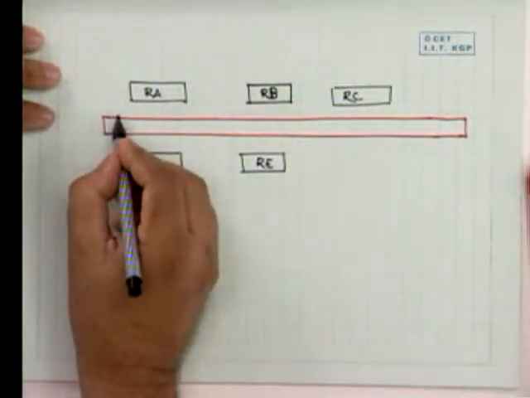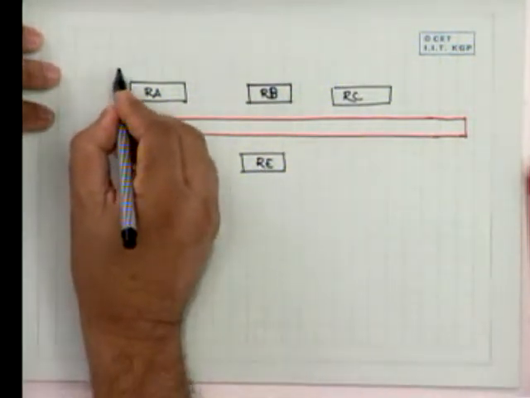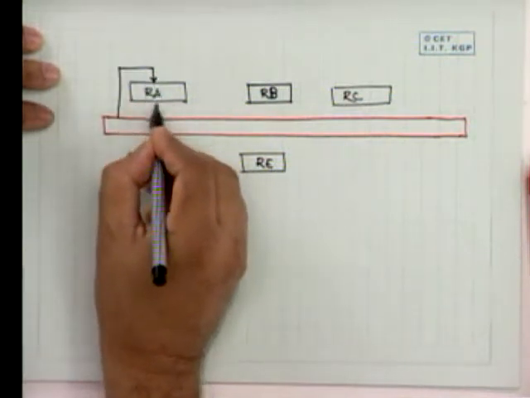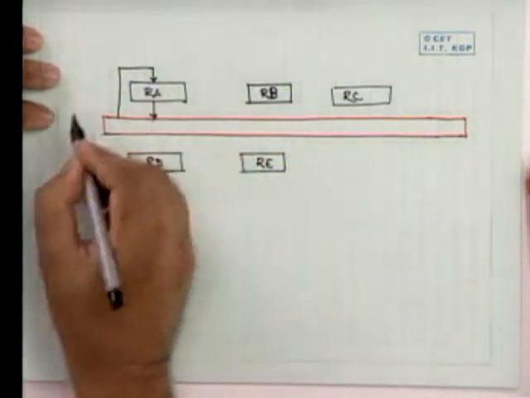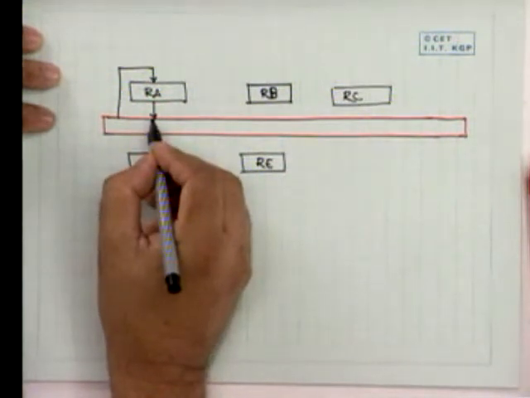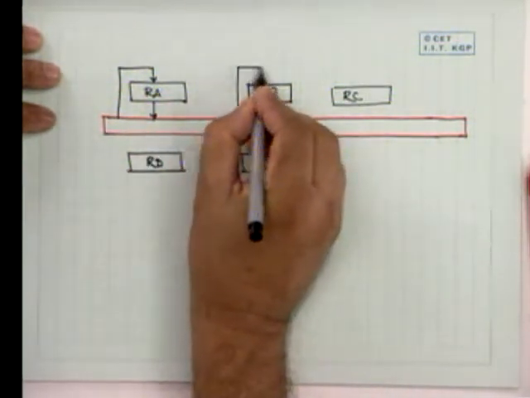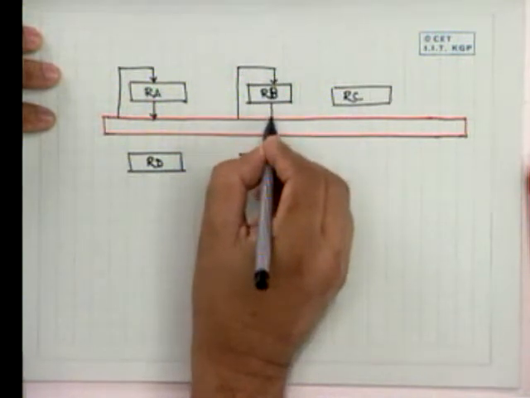What we do is, say this is the inline of RA and this is the outline of RA. Similarly, this is the inline of RB and this is the outline of RB.